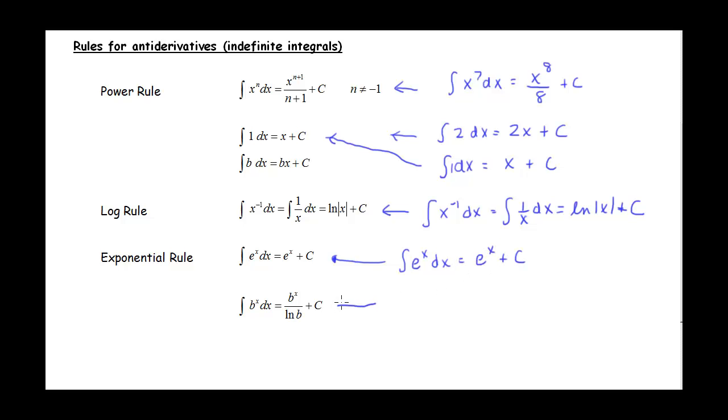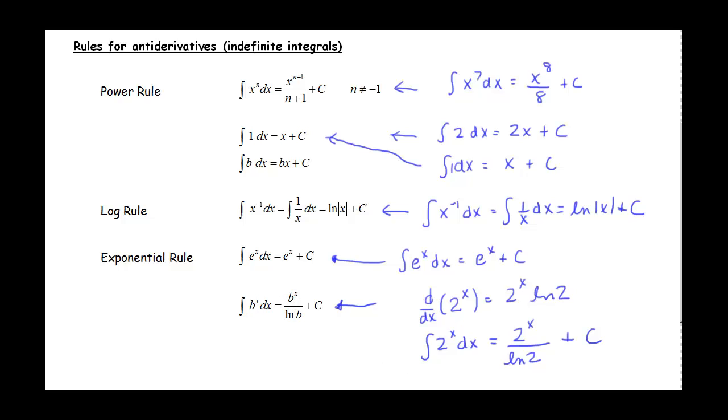Now here, if the base is different than e, remember when we were taking the derivative, for instance, if we had d dx of 2 to the x, we ended up with 2 to the x times the natural log of 2. So if we were doing the opposite, if we're trying to find the antiderivative of 2 to the x dx, then we're going to get 2 to the x, but we have this natural log of 2 factor that we have to divide out.